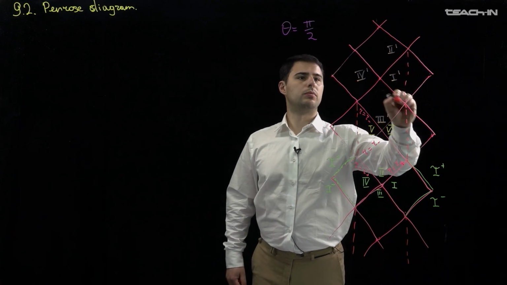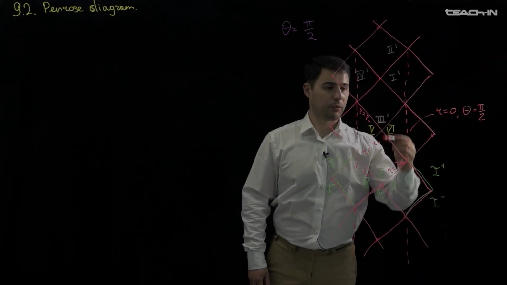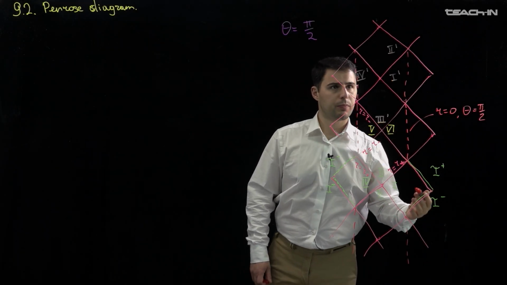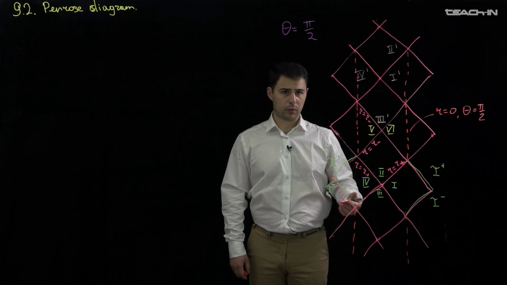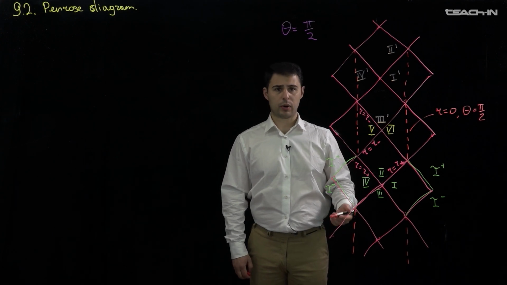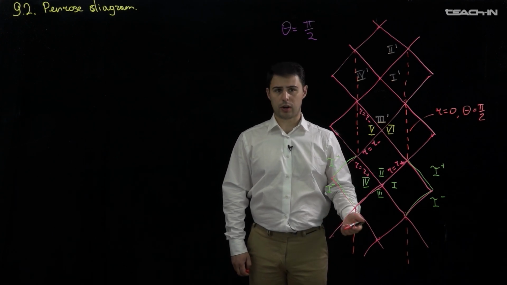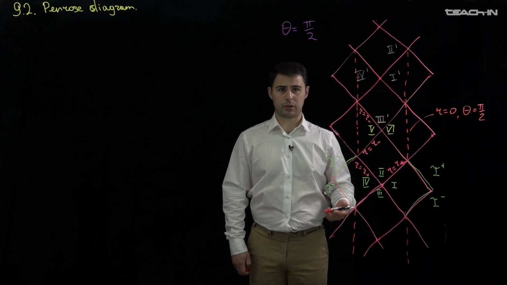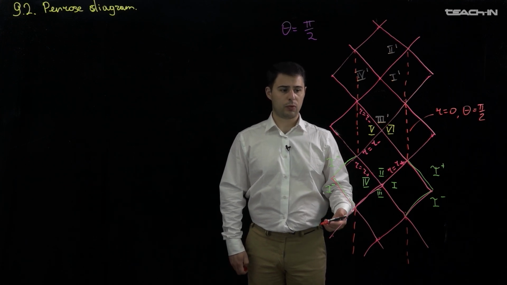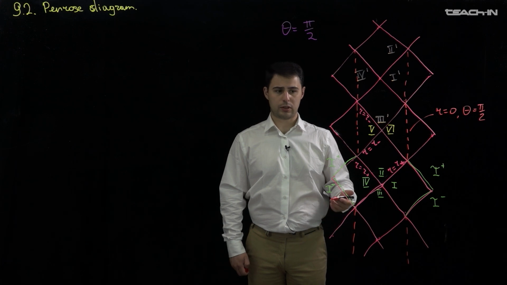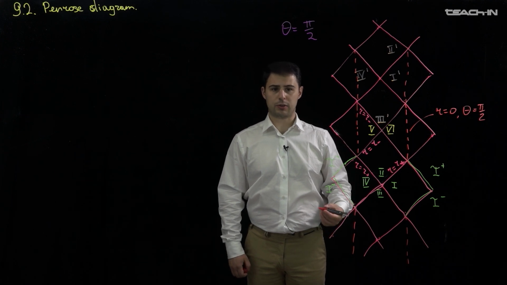Therefore, we draw them in a dashed line. Again, we have two horizons, and we have the similar problem that the interior horizon is the Cauchy horizon. Again, we can show that the geometry exhibits an infinite blue shift at r equals r minus, and we again believe that this horizon is unphysical.